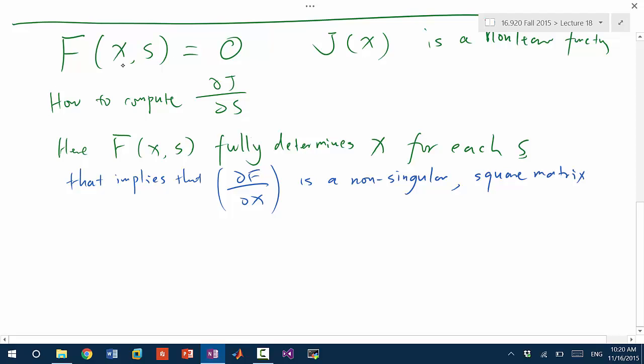So the solution exists for a range of s, and x is uniquely determined by s within that range.